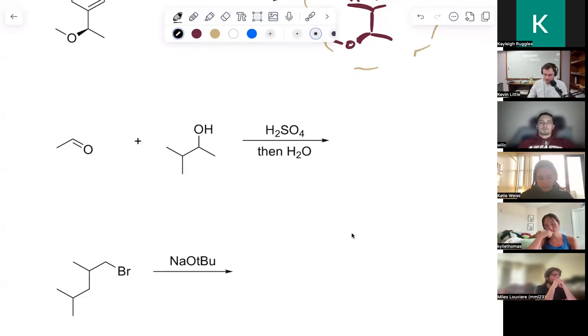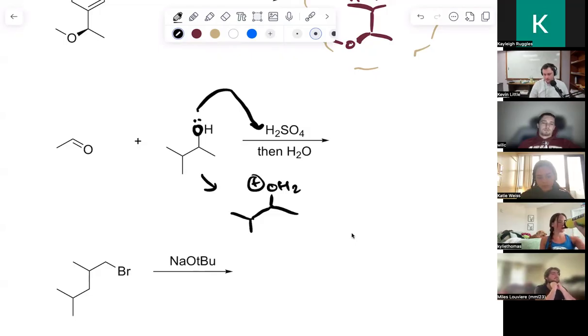Okay. So this is a nucleophile, right? Let's play this game. Let's protonate the nucleophile. Do you think he's going to be jazzed now to attack my electrophile? Yes. What does this positive charge say?